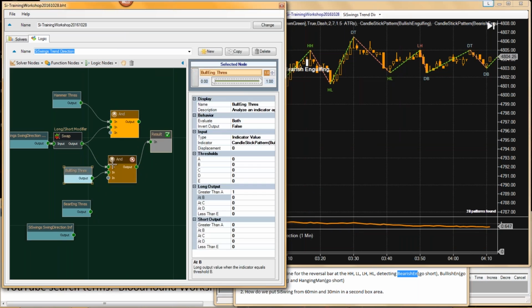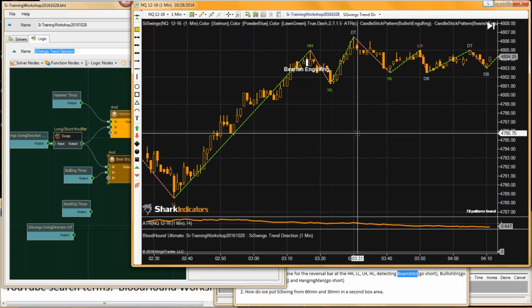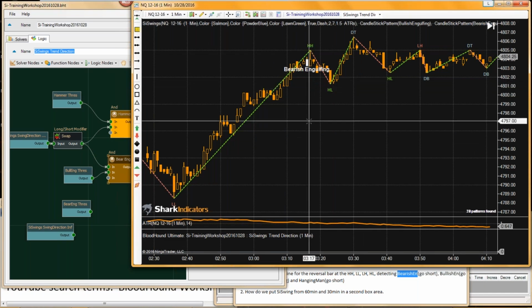All right, so bullish engulfing. Keep in mind, you can also rename these AND nodes, right? So, and let's see. So bearish.